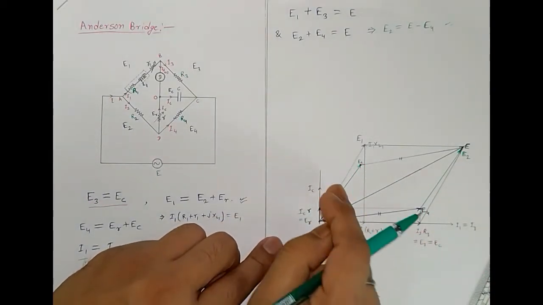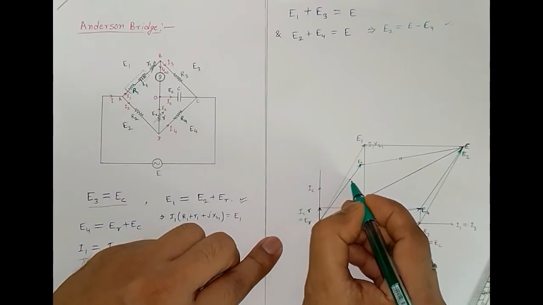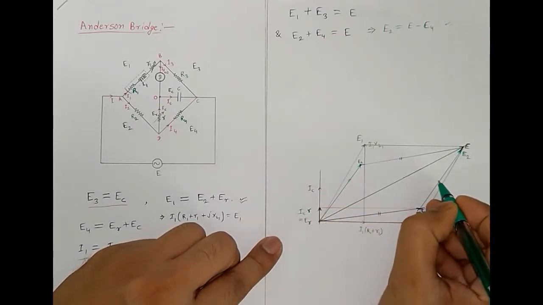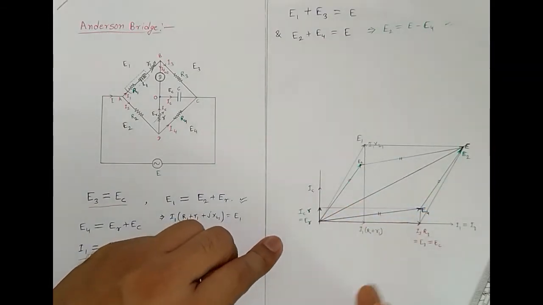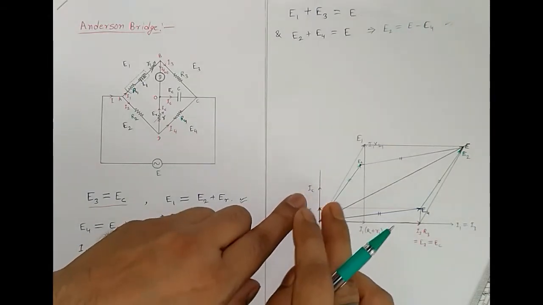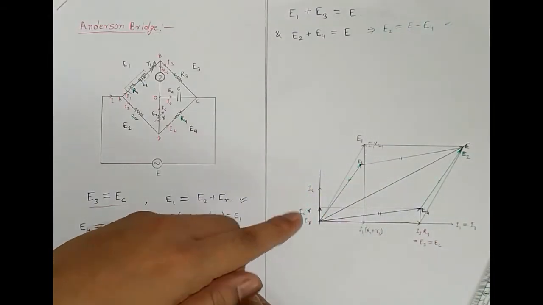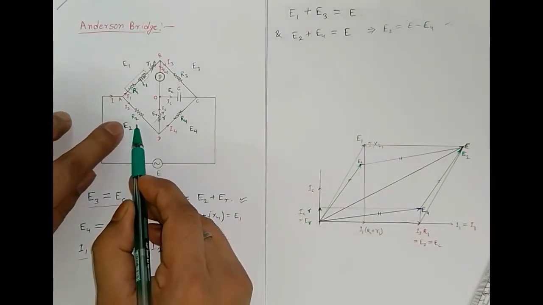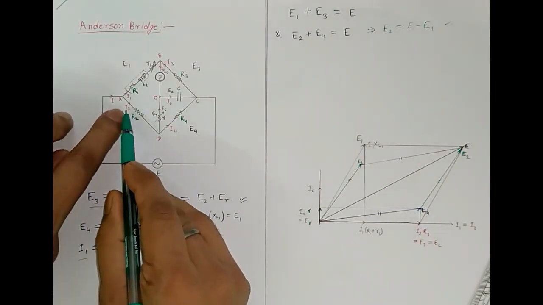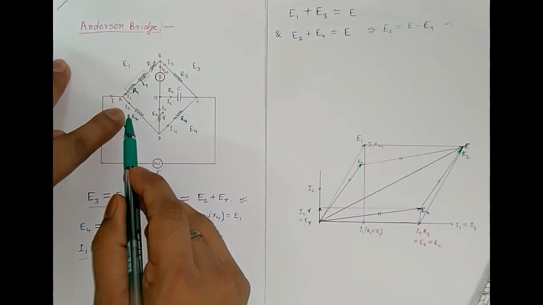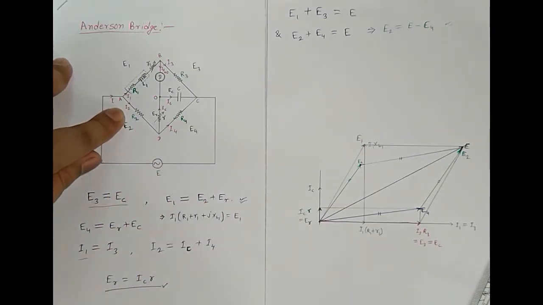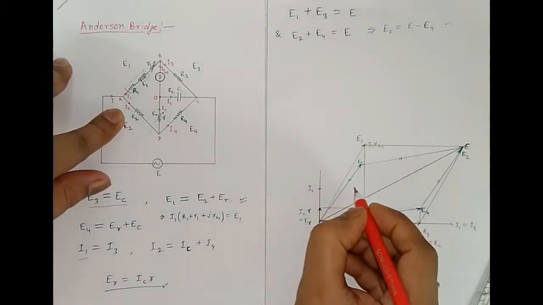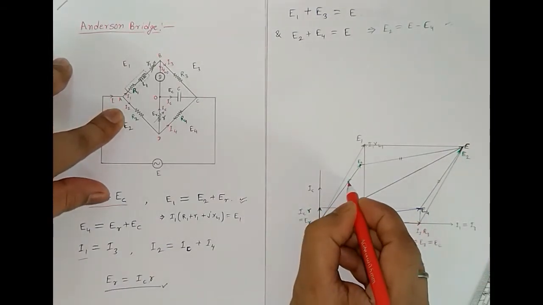This is E2 and this is E2. Now we have drawn E2. If we know the direction of E2, then obviously the direction of I2 will be in the same direction. Let us assume that this is I2.